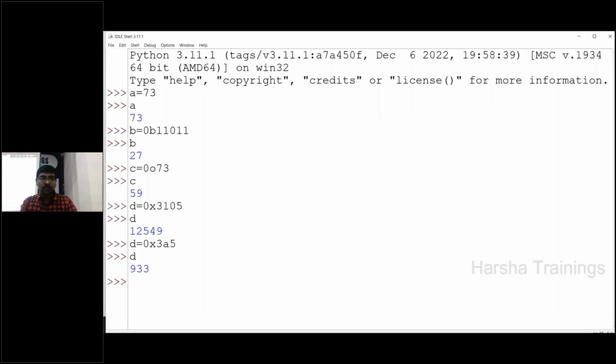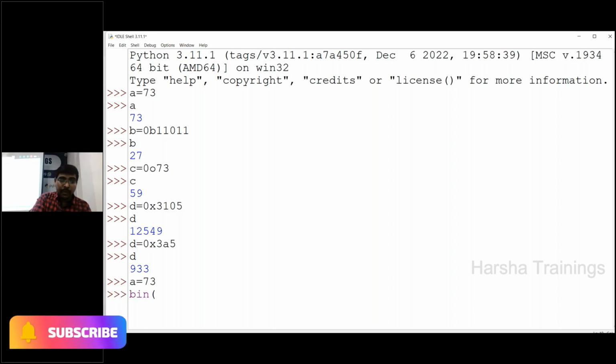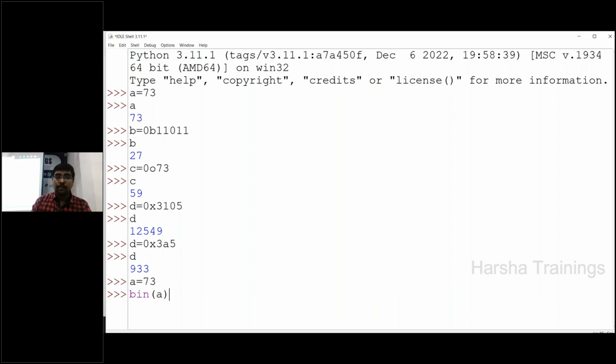Consider the same example, A is equal to 73. bin of A automatically converts into binary.